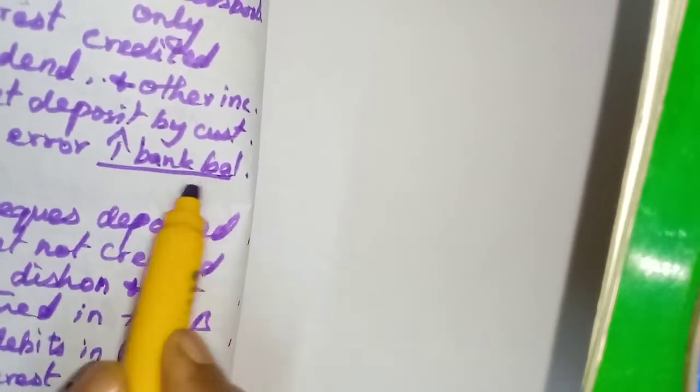Then any error that increases the bank balance. Okay, any error that increases the bank balance, what is the meaning? If it increases the bank balance, it will reduce the cash balance, isn't it? That is the opposite. If it increases the bank balance, it will reduce the cash balance, so to equalize the balance, we need to add.